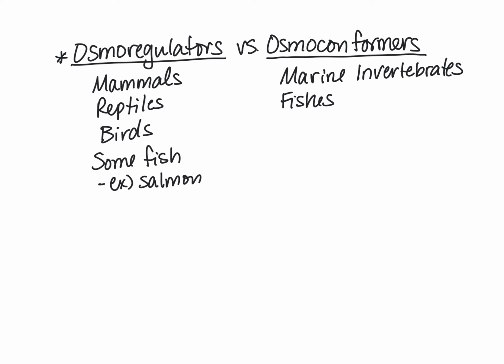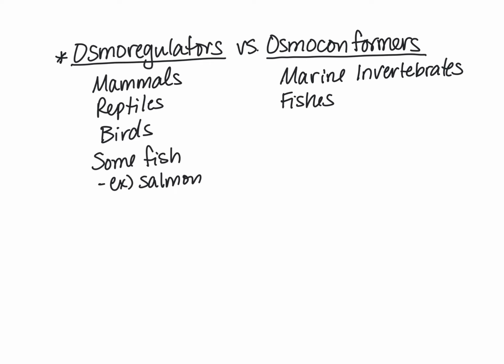So for example, for most fish, if you go to the ocean and catch a saltwater fish, you can't take it home and put it in a freshwater aquarium because it will die because it's not able to regulate its body fluids. And so if you put it into a freshwater aquarium, that water is going to rush into the cells of the organism, and those cells are going to swell and burst.